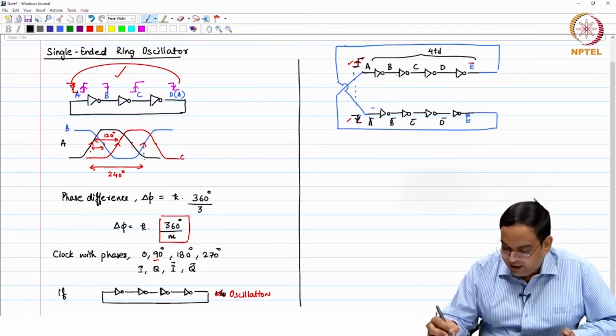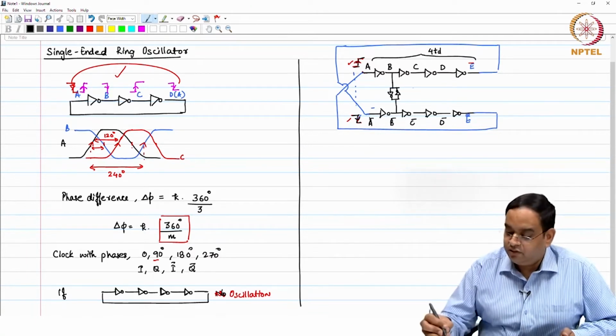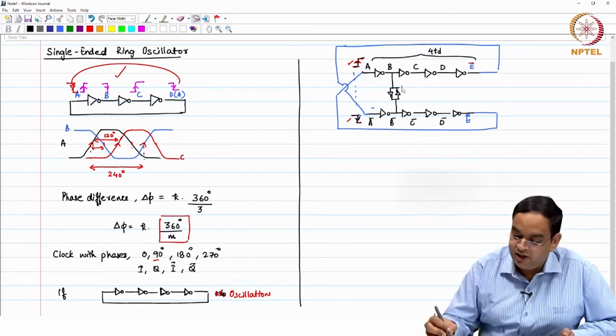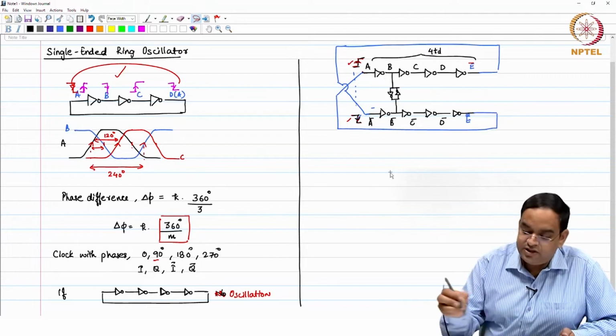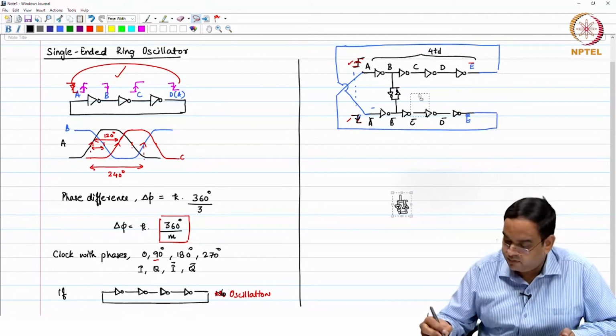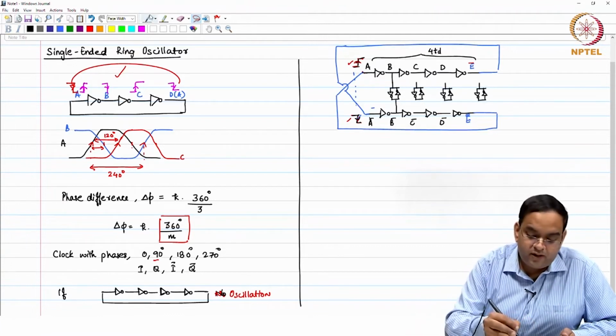So, to enforce that, one easiest way is that you connect a cross coupled inverter like this. Okay. And this cross coupled inverter I am going to connect at each output. Okay.